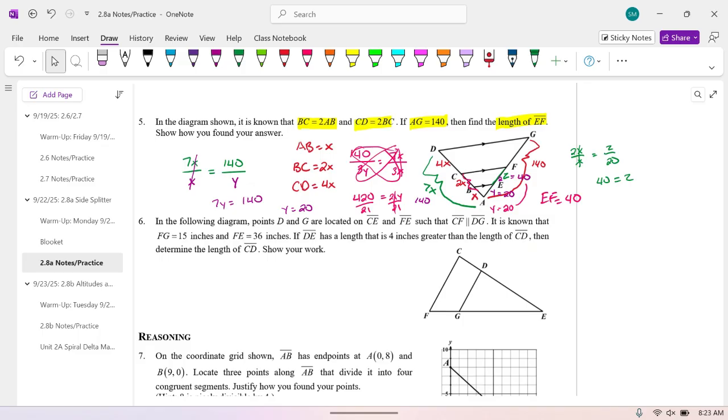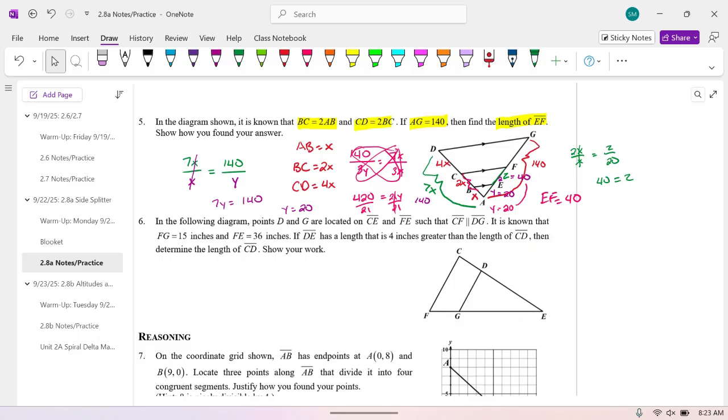Well, AB would equal AE, and then BC would equal EF. Any other questions on that? All right, that clears up the confusion from my lovely mistake that I made at the beginning.